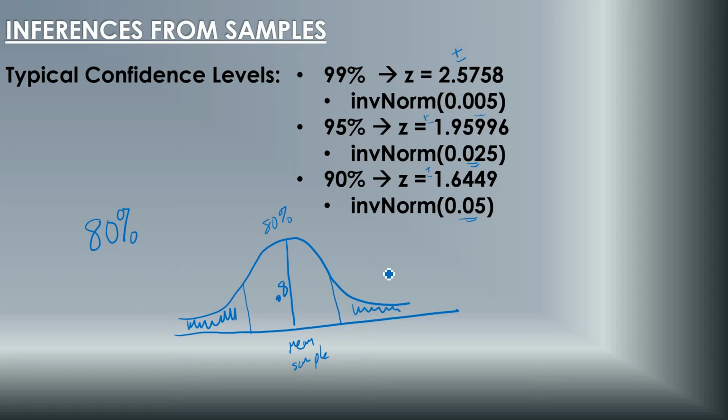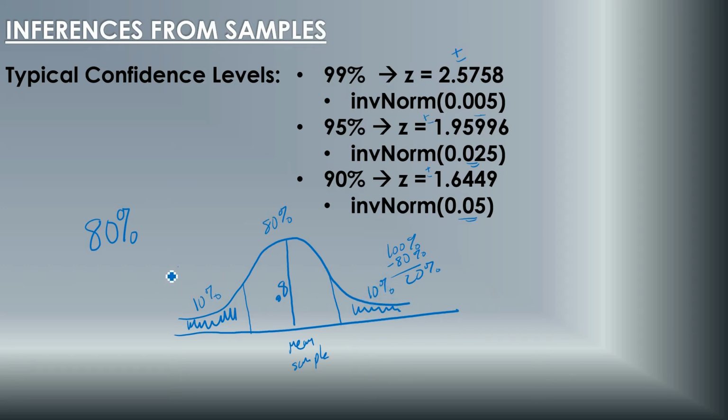Now between them, I know that there's 100% area under this curve. And I have 80% confidence that the actual population mean is somewhere in this area. So if I subtract that out, that means there's 20% area that I don't know about. So that means 10% right here, and 10% right here.